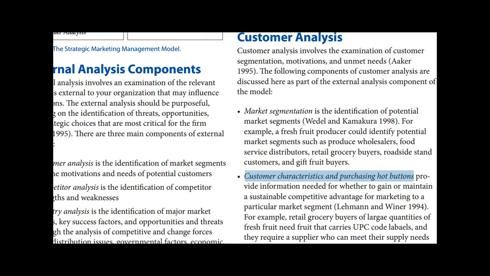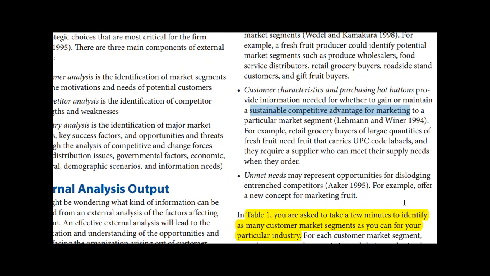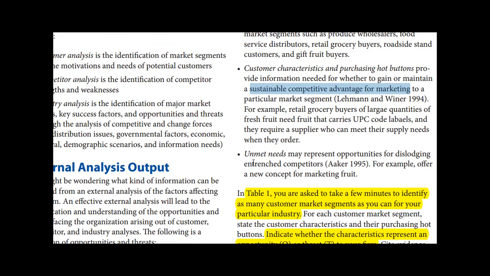The company should understand these different things to develop a sustainable competitive advantage in the market. And lastly, the unmet need may represent opportunities for dislodging the competitors from the market.